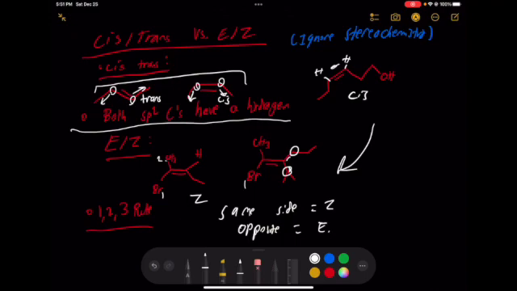Since this sp2 carbon is bonded to both a carbon and a carbon, we have to look at what's bonded to those. For this one, we have a C and an H, carbon, carbon, and then the hydrogen's in there. And for this one, we have a carbon right here and then 2 hydrogens. So we can cross out that one, and the next highest priority is the carbon right here. That gets precedence over that hydrogen, so this group is the highest. So this one is again going to be Z.